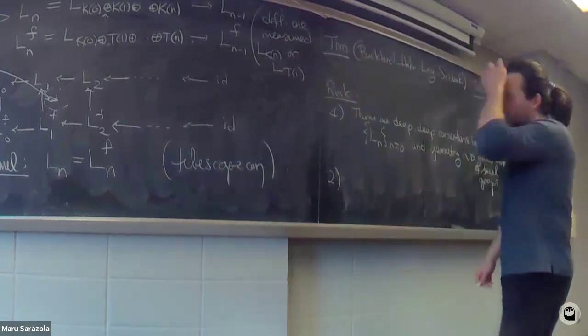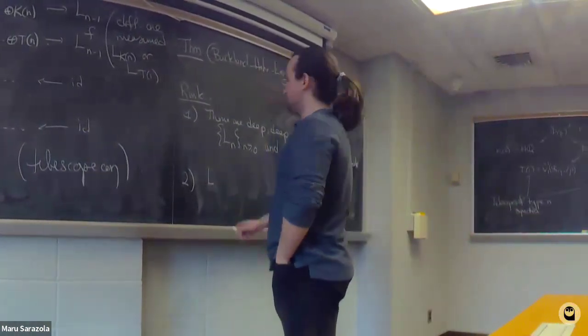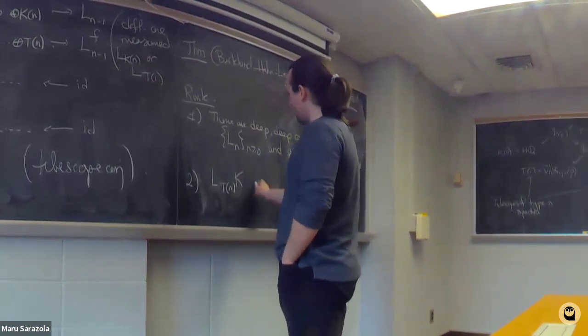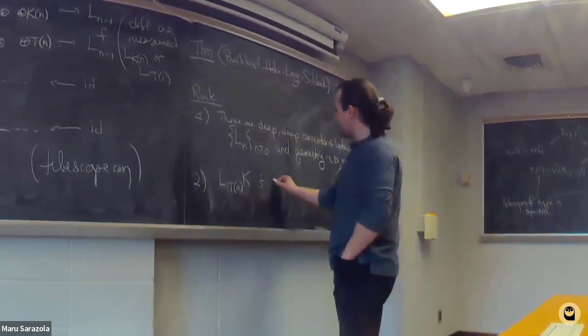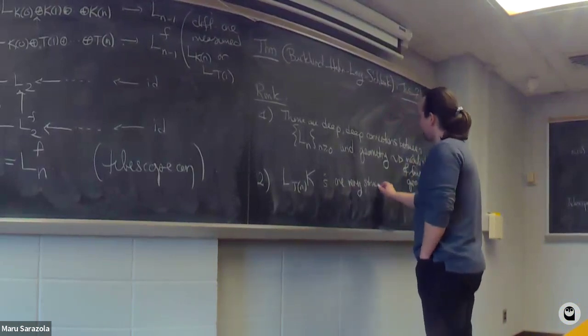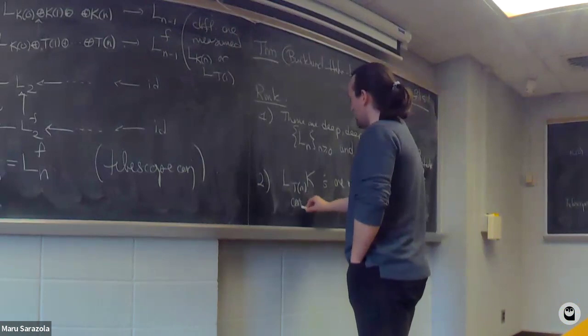And maybe the last remark is to say that the L_T(n)s of the algebraic K-theory functor are very, very structured, and controllable or intelligible.